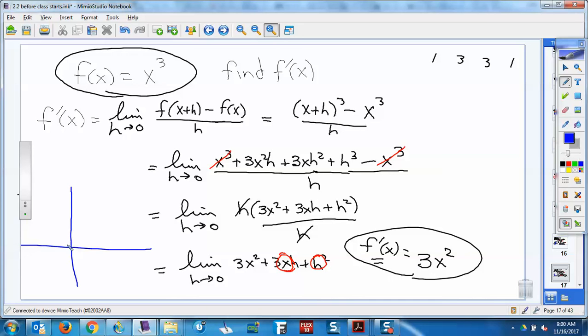Check that out real quick. 3x squared would be something like that. X cubed, of course, comes up, then does this, and then does that. Right? So let's think about f prime. F prime is positive, but getting less positive, and then it's positive and more positive, right? So f prime is positive, then stays positive.